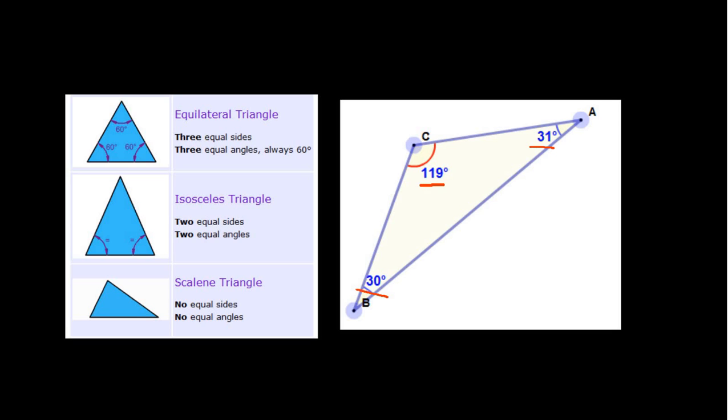None of them are the same. And also since none of the angles are exactly the same, it also means that the sides here are not the same distance.